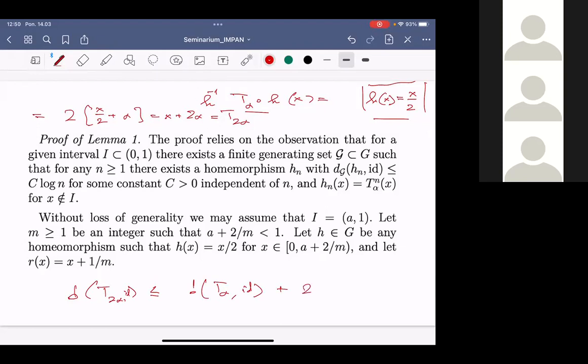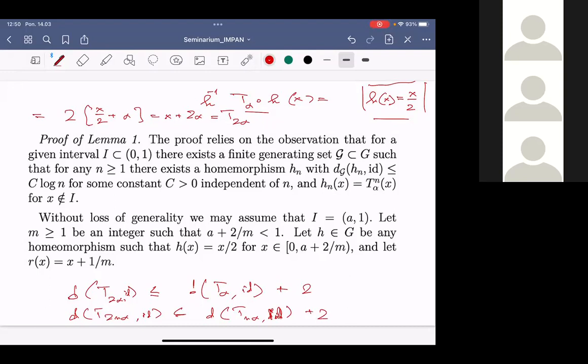And it holds for all n alpha. So the distance of T 2n alpha identity will be the distance of T n alpha identity plus 2.